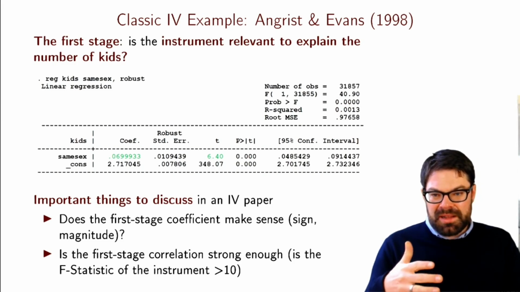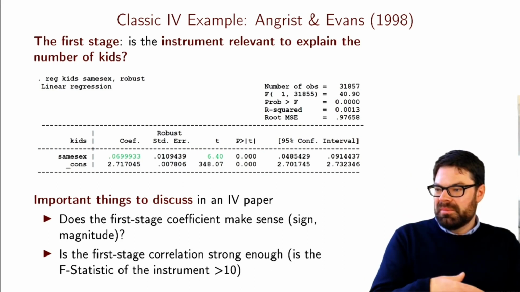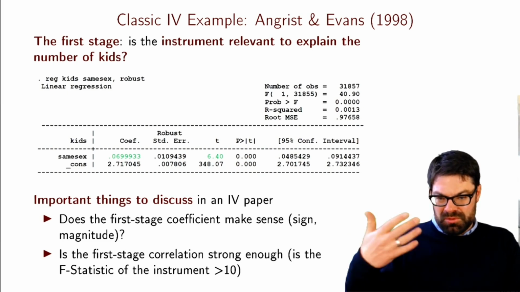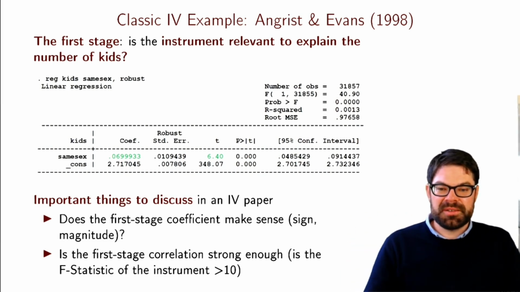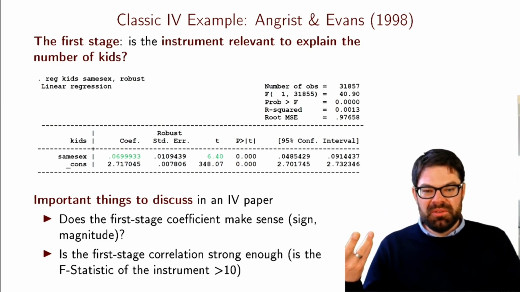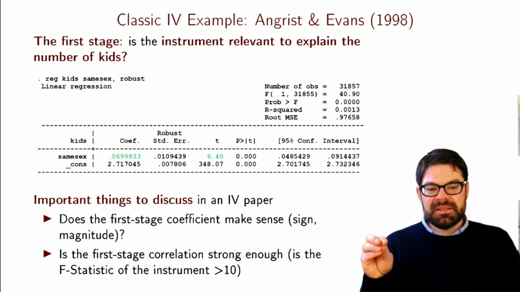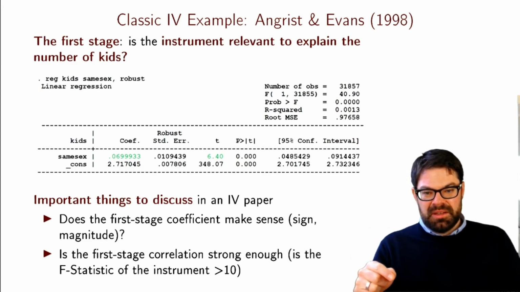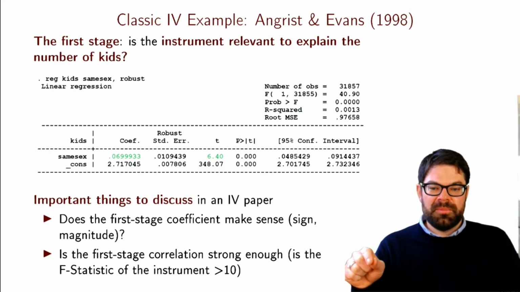But we know that that's biased because people who have more kids may have chosen to have a lower labor supply, even in the absence of having more kids. So that's why we use the IV. So let's first look at the first stage, and you can see here that the instrument has a first stage, but it's not very, very strong, right?